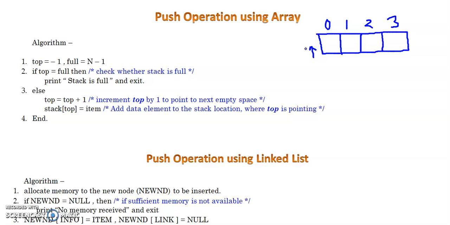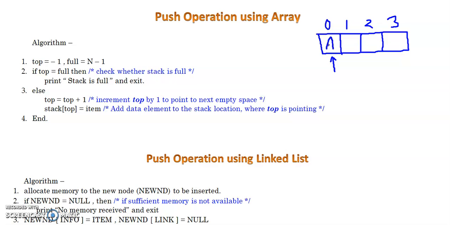Right now our top is here, that is -1. When you are going to enter any element, our top should indicate the position where we are going to enter the element. So if we increase the top by 1, then from -1 it will indicate 0, and then you can add the element.